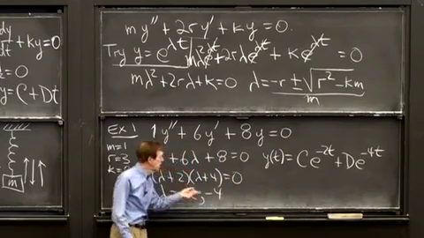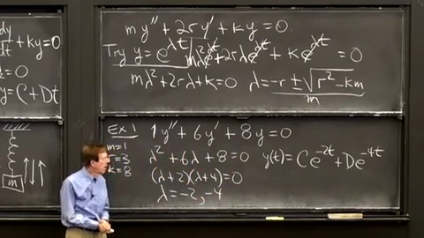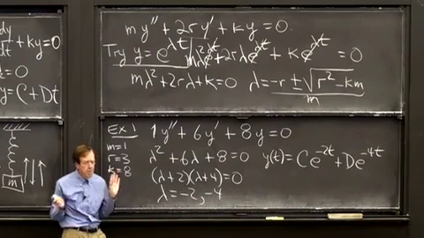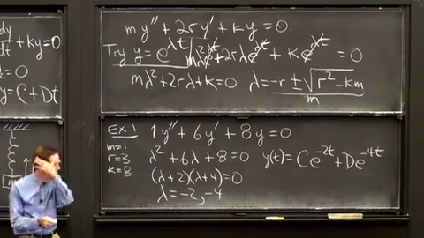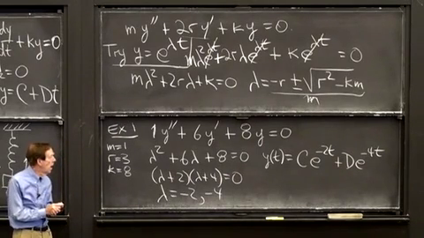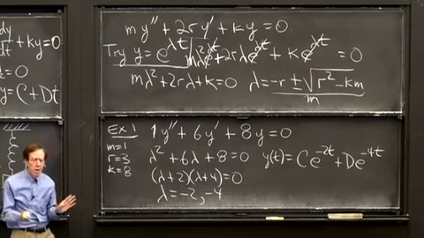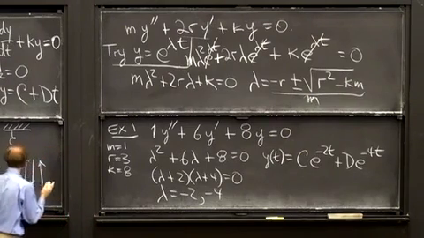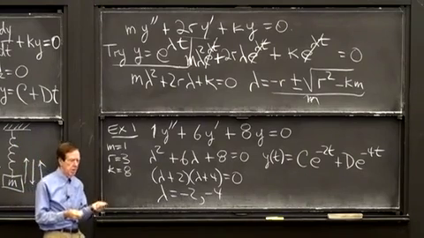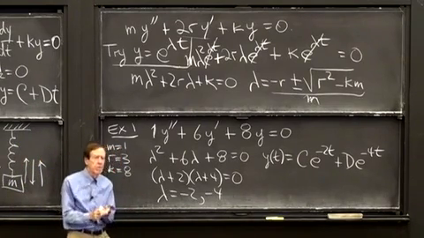The two lambdas are in the exponent, and we've solved it. So that's the point. We have the ability to solve differential equations based on the most important functions we know: exponentials, sines, cosines, powers of t.